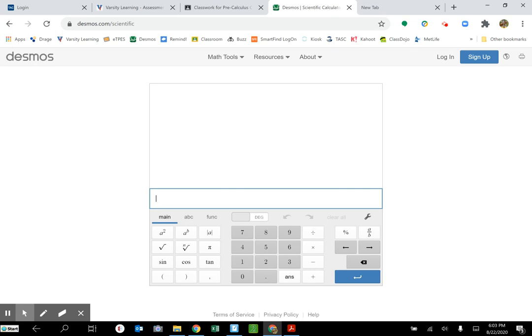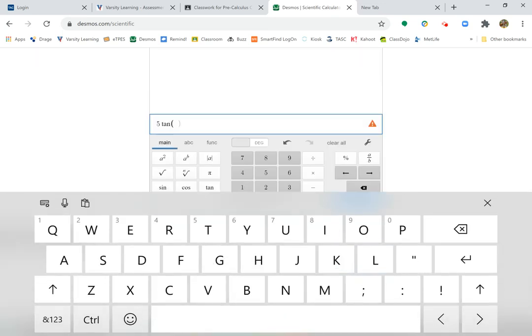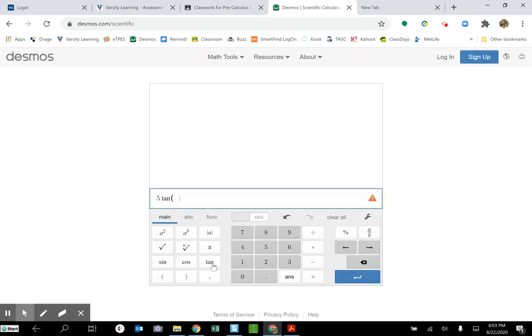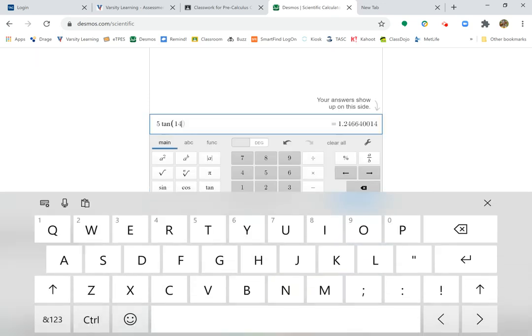But anyway, we said we wanted 5 times tangent of 14. So we're going to go 5, and then tangent, sine, cosine, tangent. Those are all right here. So tangent, oh, geez, I don't need that. We just plug 14 in, and then right up here, you get 1.2466. Now remember, we're using that fourth decimal place to round up.